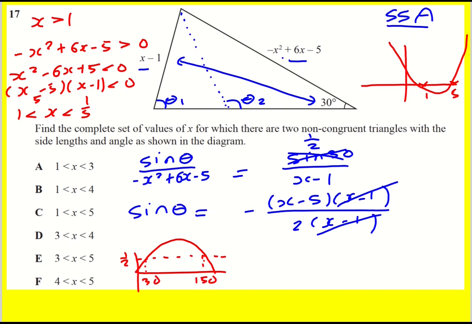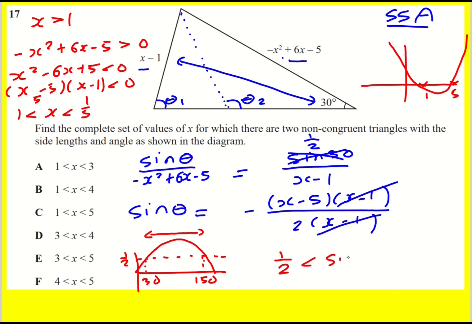So what I'm saying is we require that sine theta is going to be greater than a half, so that I'm in this region here. See, if it was like 0.4, then yeah, okay, I'd get a solution here, but then I get another solution that's beyond 150, and then I wouldn't get two triangles. Quite tricky, and this is the trickiest bit of my method, I've got to say, but it will work out if you hopefully understand that.